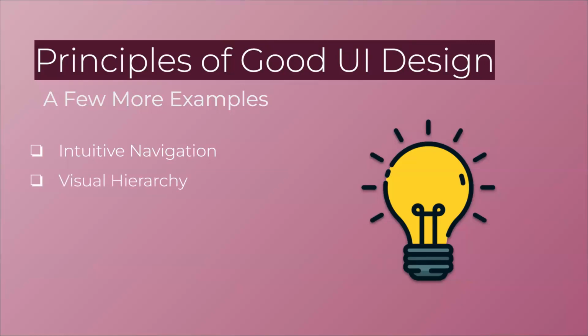We also have visual hierarchy. So this has to do with using cues like headings and fonts and colors to create a visual hierarchy where important content will stand out.